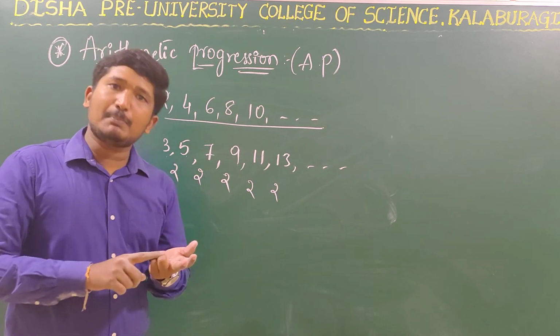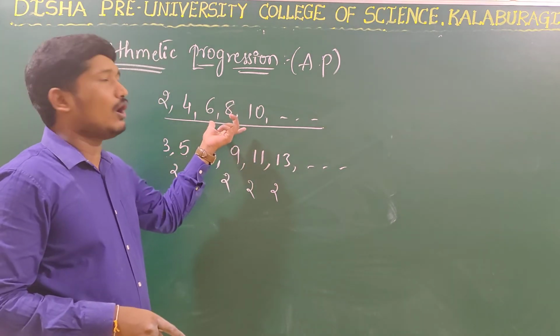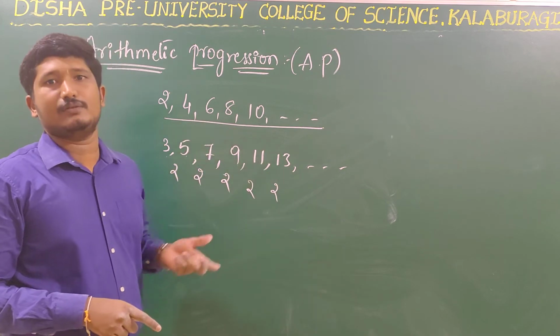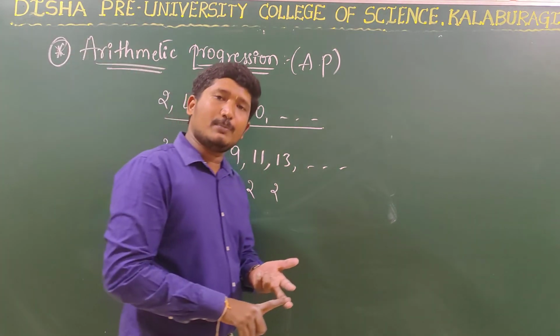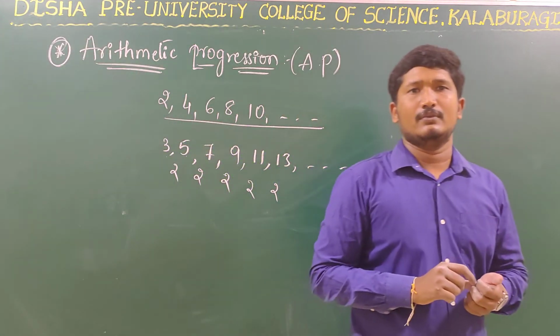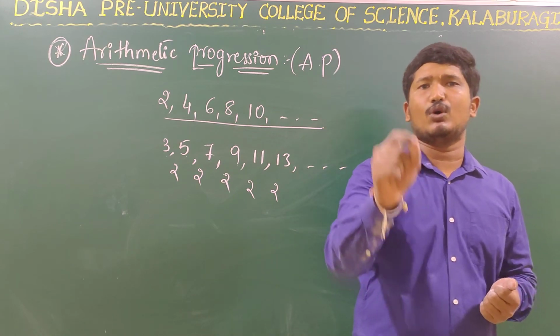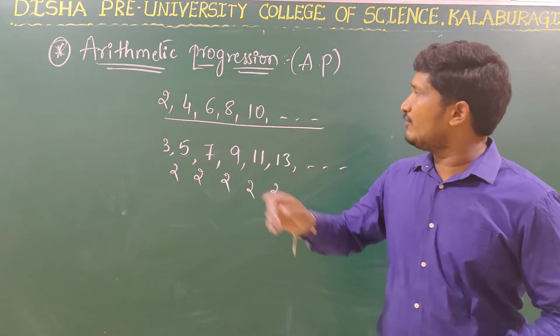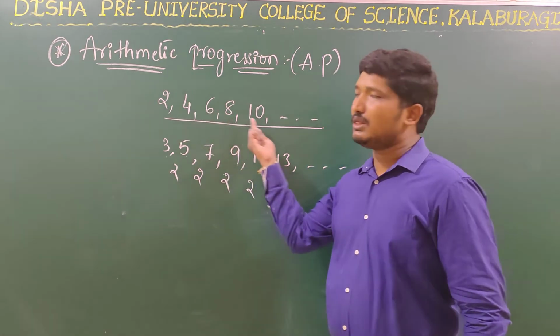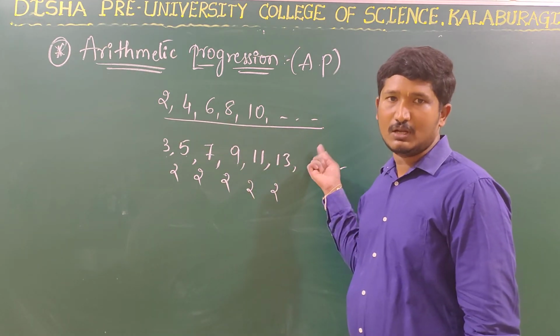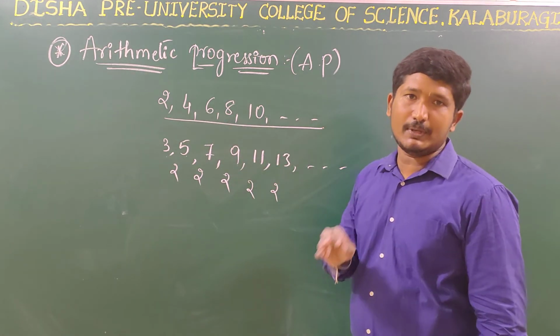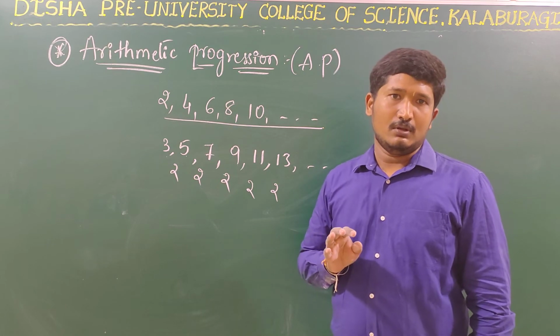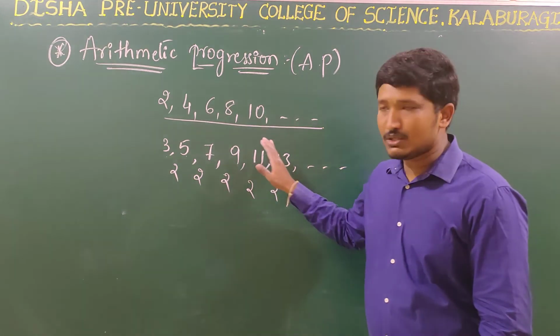Even if you multiply all the terms of the arithmetic progression by a fixed number, the obtained progression will be an arithmetic progression. And it is the same for what? Division. If you divide all the terms of this arithmetic progression by any fixed number, the obtained progression will be an arithmetic progression. Right? So you understood this?